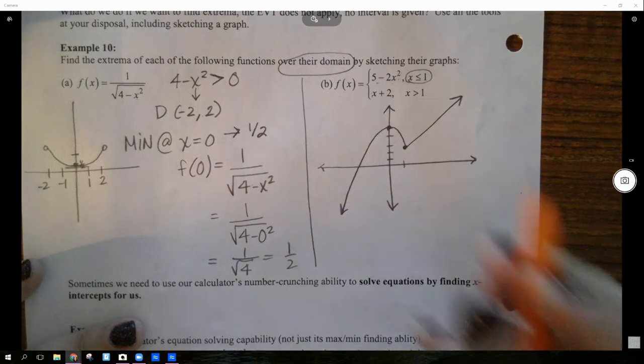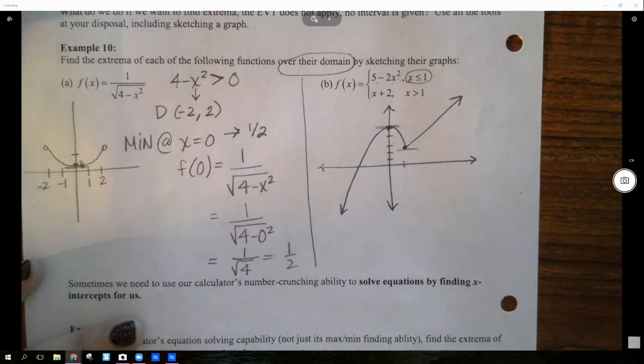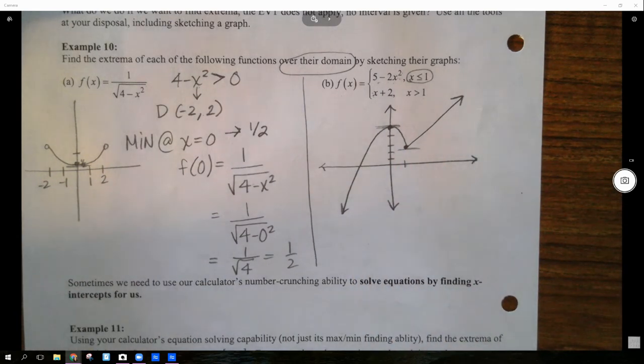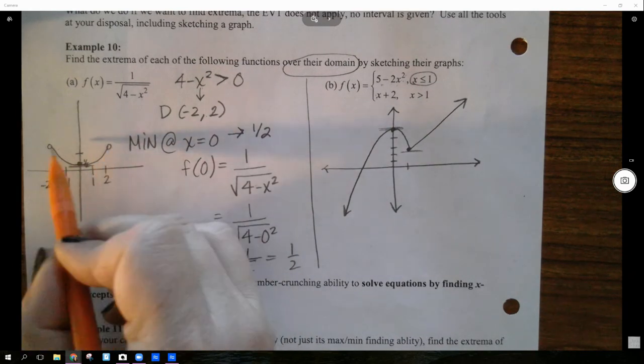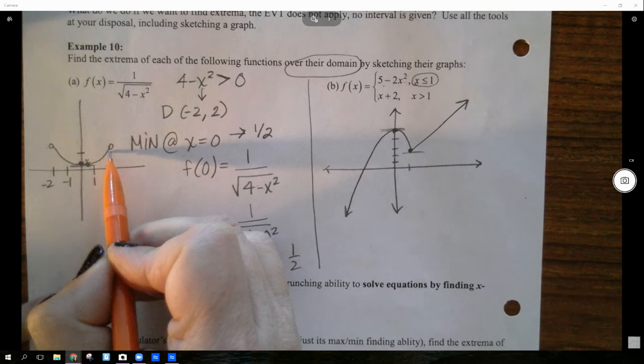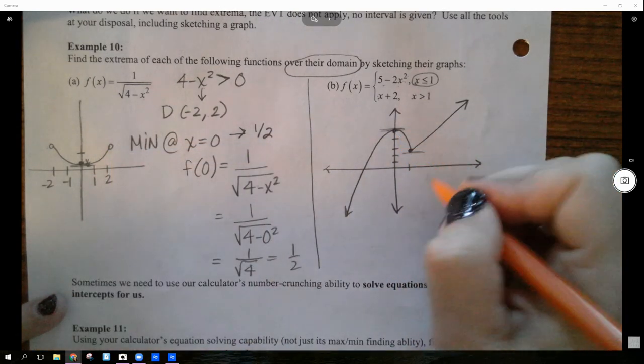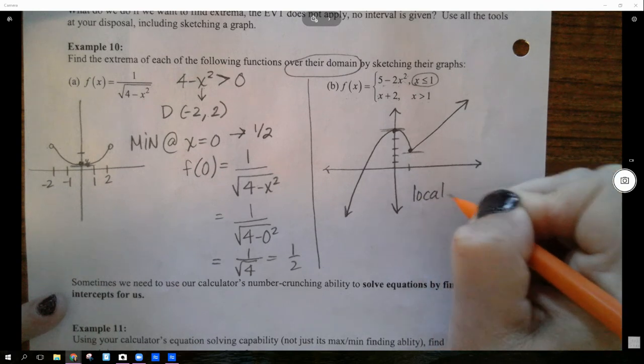You can see that you're going to have a local max and a local min. There's no absolute max or absolute min for these. Notice that. We also did not have an absolute max for example number 10 because of these open circles. But you're going to have a relative max and a relative min, or you could say local max and min.